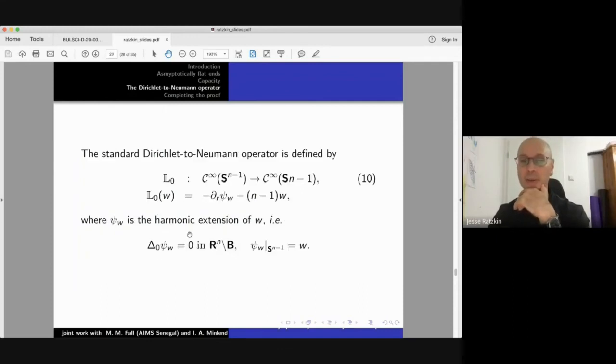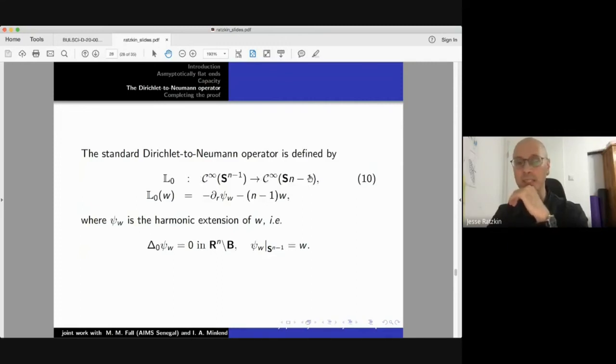So let's talk a little bit about the Dirichlet-Neumann operator. I've written the Dirichlet-Neumann operator down for the ball. You can make sense of this for an arbitrary set. You can make sense of this for the Laplace operator, for other kinds of operators. But the idea is that I start with a function on the sphere and I obtain another function on the sphere.